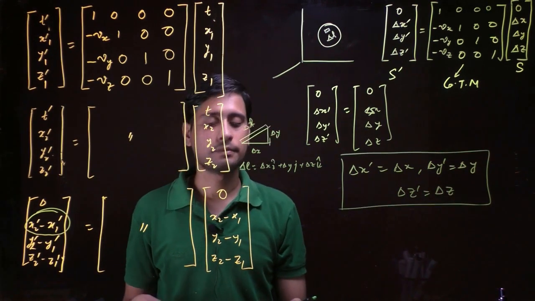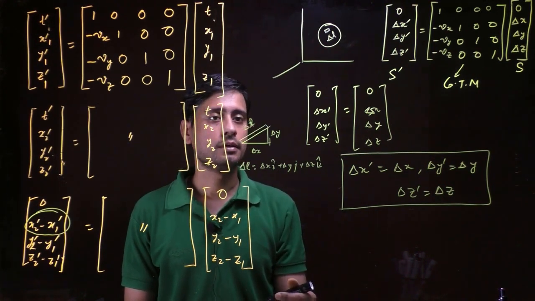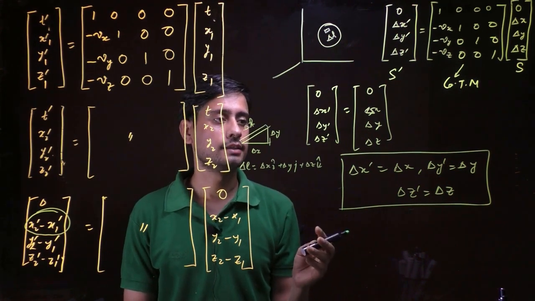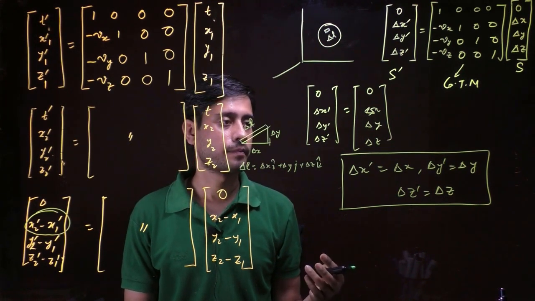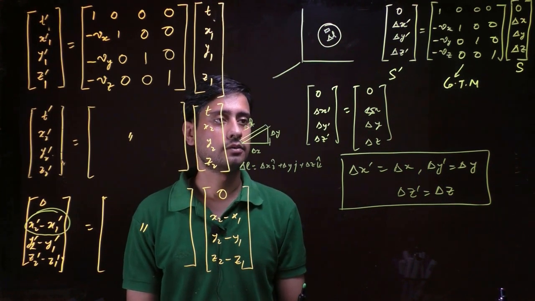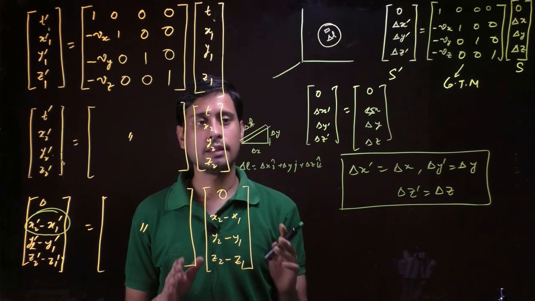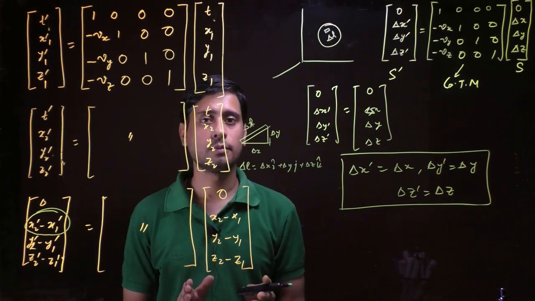So we conclude that the components of the length of the rod along the three axes with respect to the two frames remain the same. So this is what we get from the Galilean transformation, and we can say that the length remains invariant whether we move the coordinate systems parallel or in any direction.